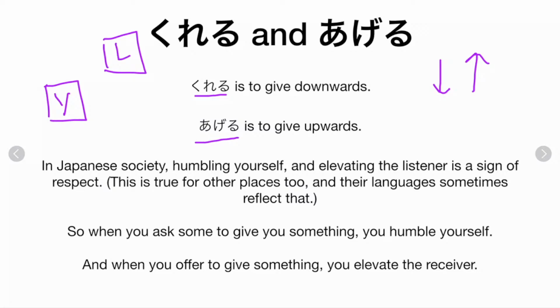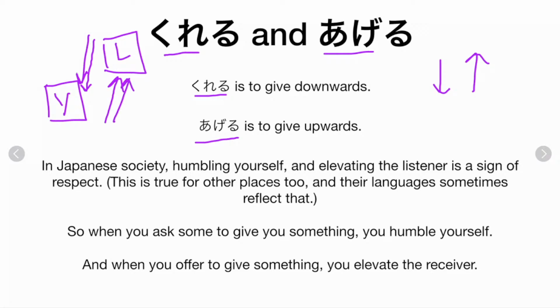So if they give you something, because you're below them, they have to give it downwards. And if you give them something, because they're above you, you have to give it upwards. And so kureru and ageru are give downwards and give upwards.